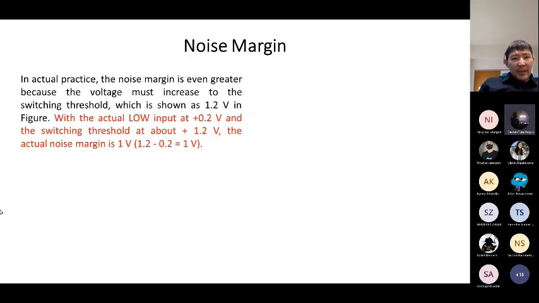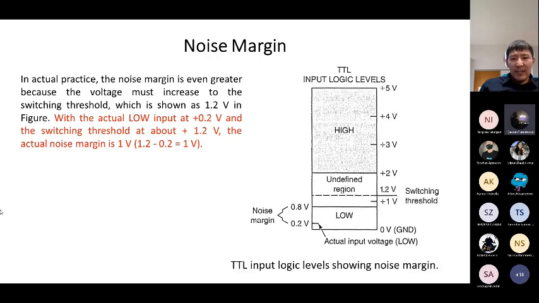Okay, but in actual practice, the noise margin is even greater. Here you can see another interesting diagram. Actually in TTL it can be greater, up to 0.8. Why?